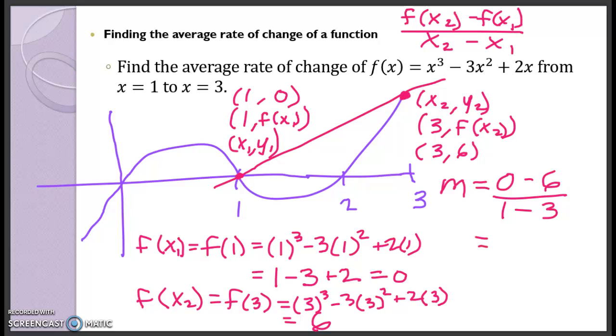So we could also do f of x2, which is 6, minus f of x1, which is 0, over x2, which is 3, minus x1, which is 1. So we should get 6 over 2, which equals 3. So that is the average rate of change of my function between x1 and x3.